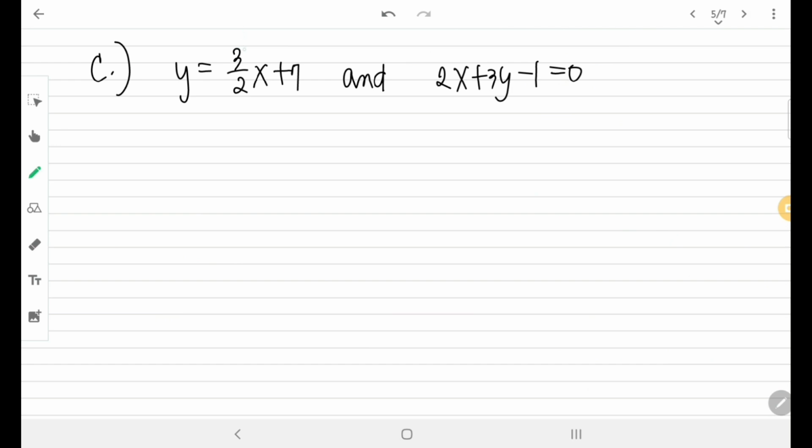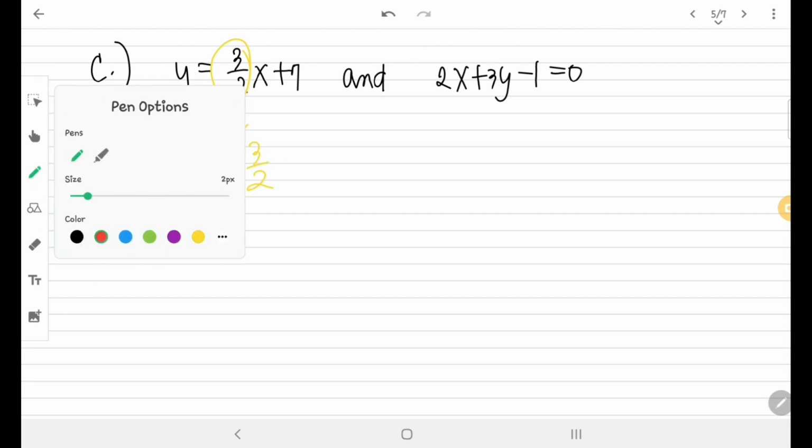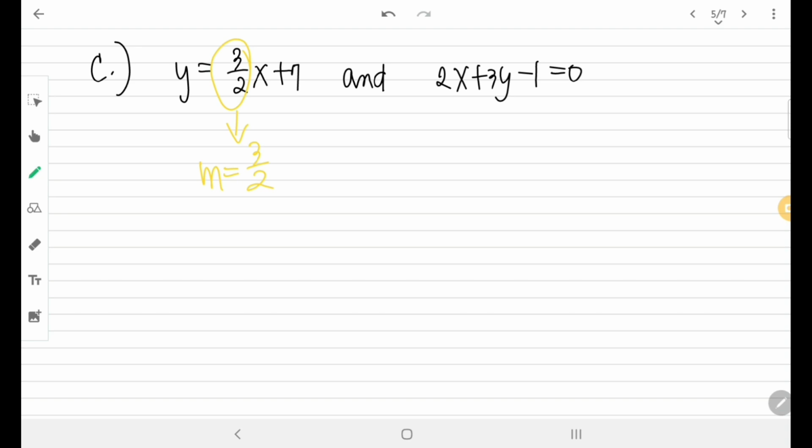Next, let's have this. Okay, so, may slope na tayo dito kasi naka y equals mx plus b na siya. So, m equals 3/2. So, let's change the other. Nandun pa rin tayo in identifying if they are parallel or perpendicular. So, we have 3y equals, mag-transpose ako, or subtract tayo both sides ng negative 2x para makancel to, and mag-add ng 1 para makancel to.